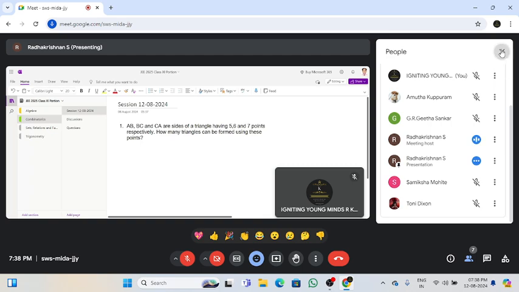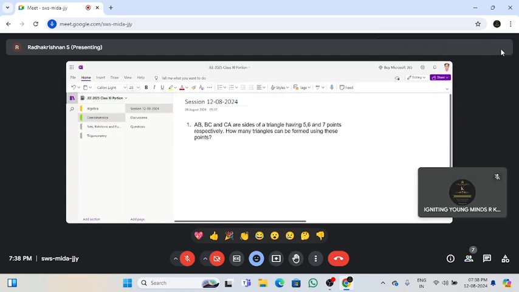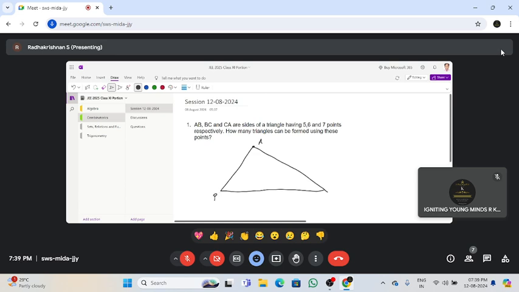So I will draw the diagram. Let's see how we can do this. There is a triangle ABC. There are 5 points on AB: 1, 2, 3, 4, 5.